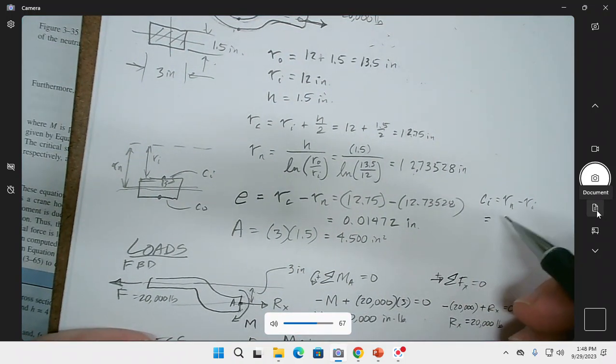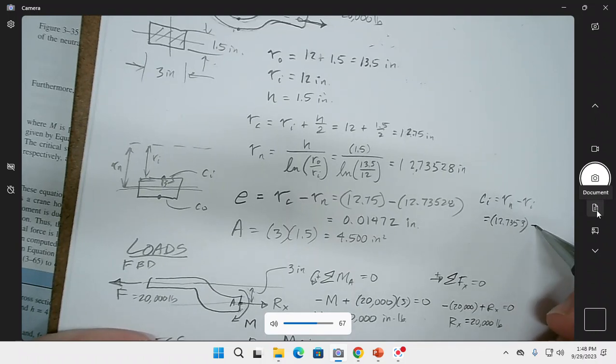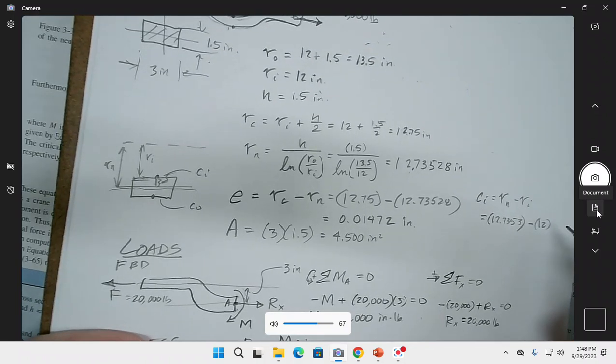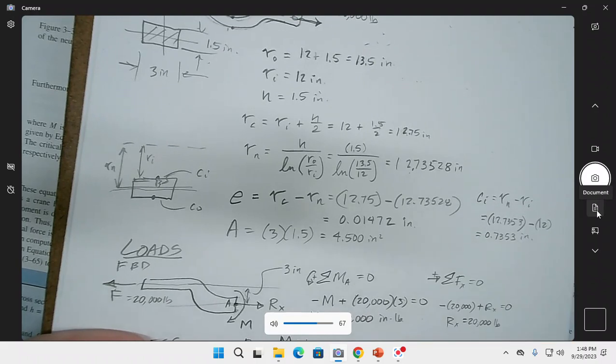So if we did that, we're going to get 12.7353 minus our RI, which is 12. So we could do that in our heads. 0.7353 inches. And I got 4 sig figs.